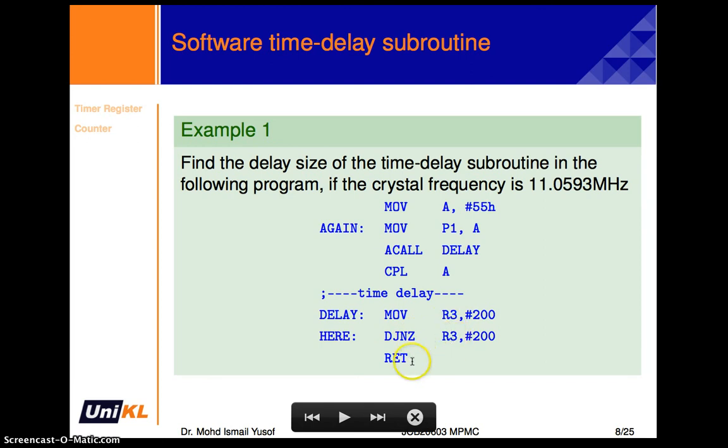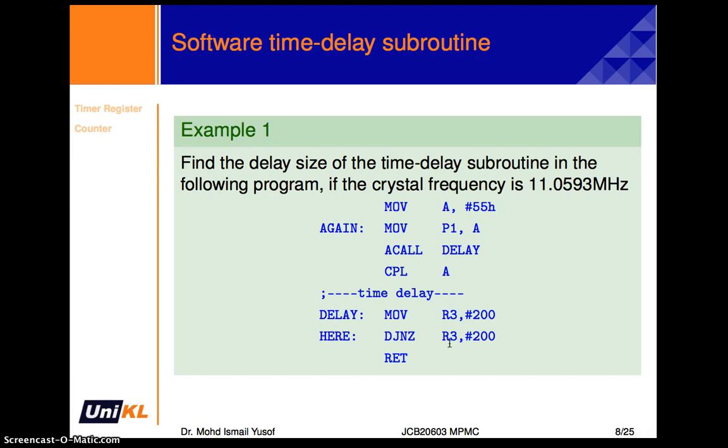For the first line, the value 200 will be copied into register number 3. On the second line, decrement jump if not zero, it will check whether the value of R3 is 0 or not.